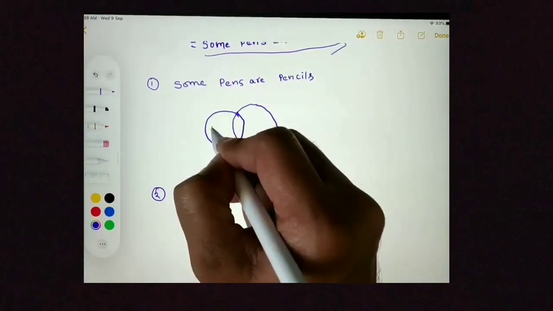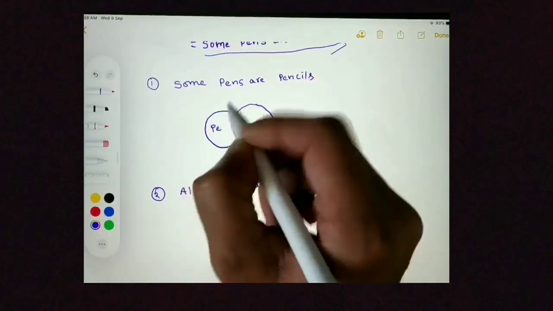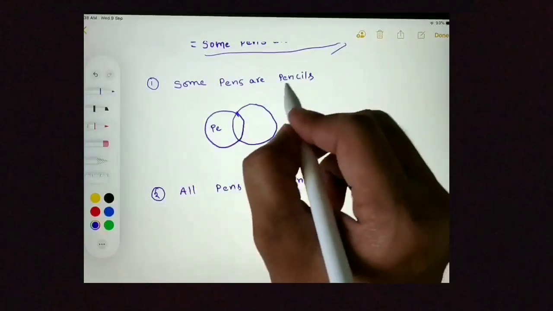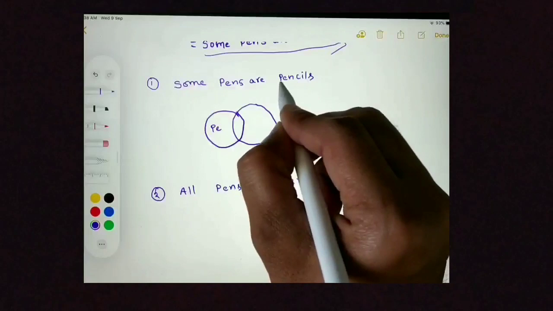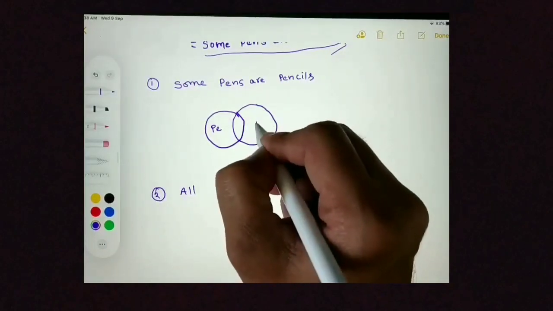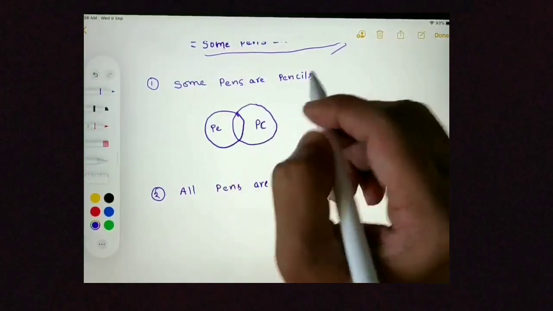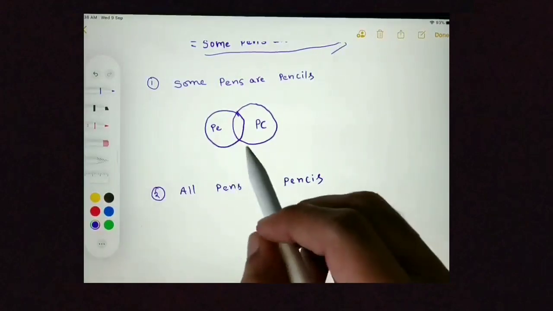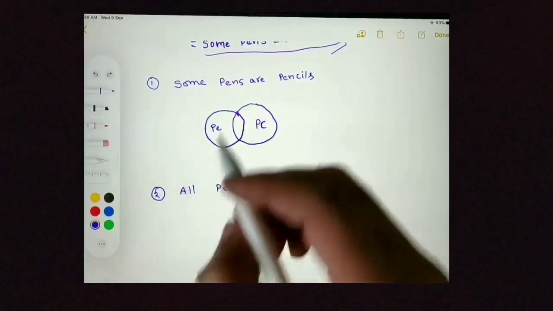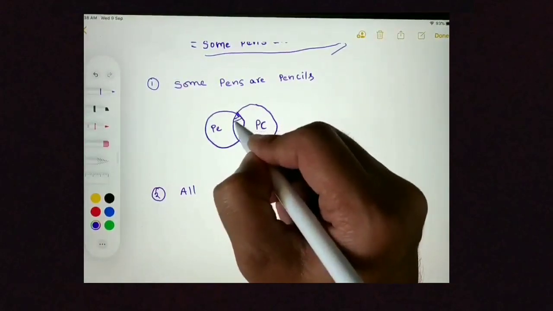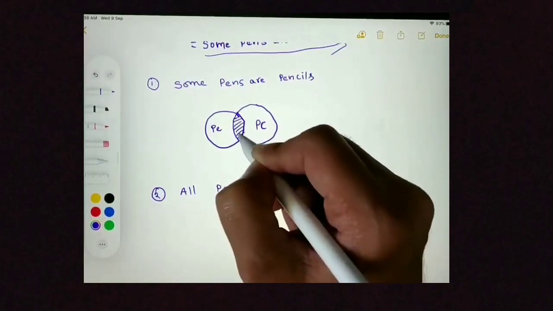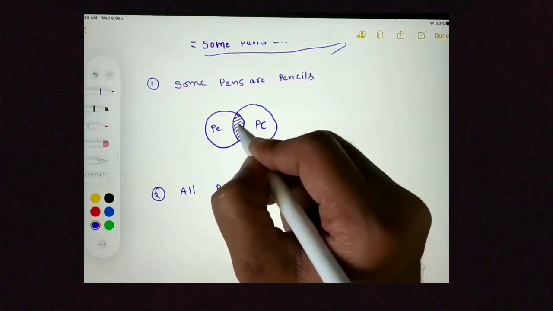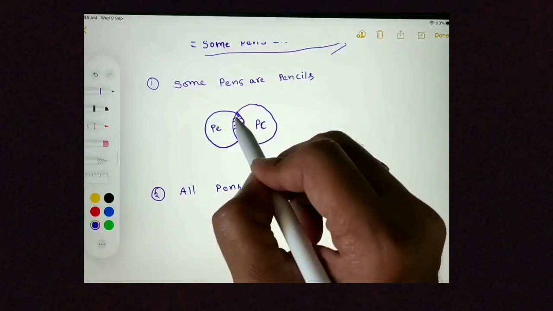I am taking the first two letters to represent pens, and pencil also starts with PE, so I am taking another letter, PC, to represent pencils. You can take any two letters. Here you can see this part represents both pen and pencil. It means some pens are pencils.